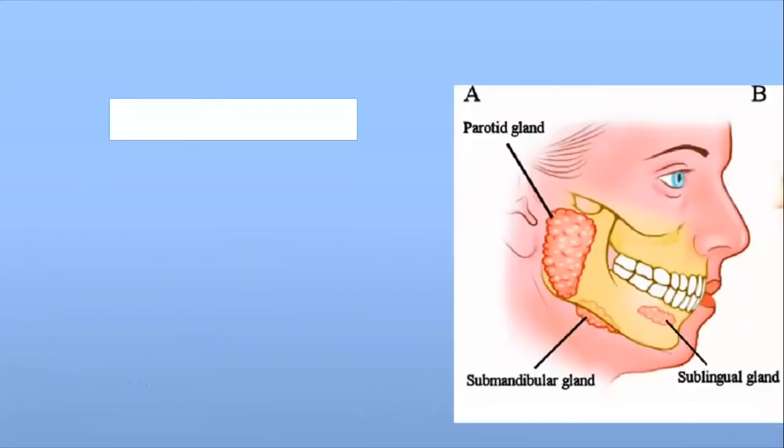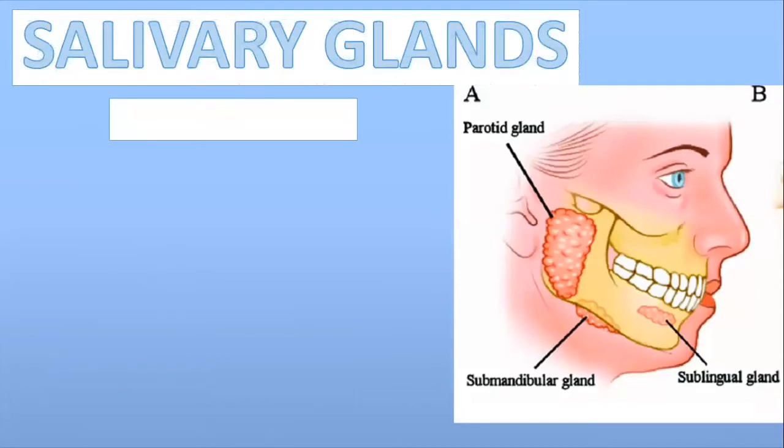Next slide. Okay, let's proceed with the salivary glands. Your salivary glands is again an accessory organ, okay, or accessory digestive organ. So there are three major pairs of salivary glands. We have the parotid gland, we have the submandibular gland, and we have the sublingual gland. So as you can see, they are all named from where they are actually located.